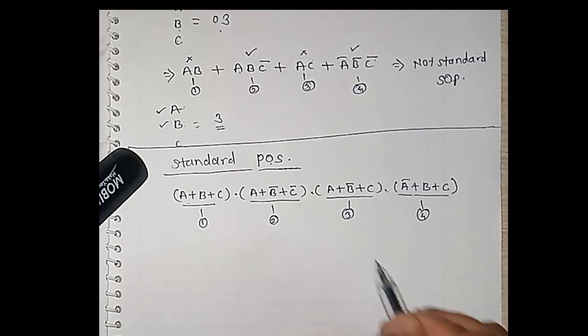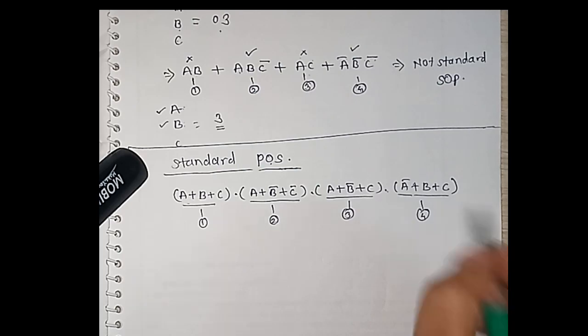Now we have to find out whether this equation is in standard form or non-standard form. For that purpose, first we need to find the number of literals present in the equation.